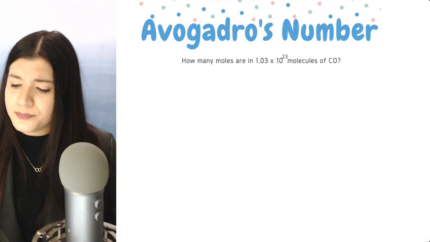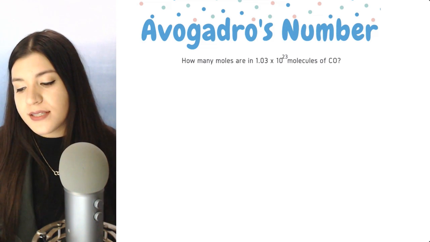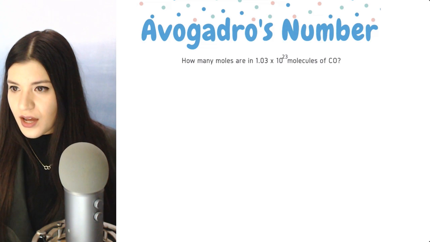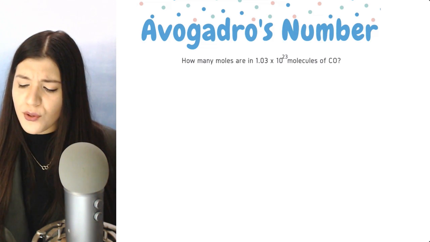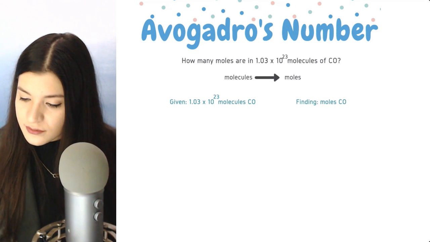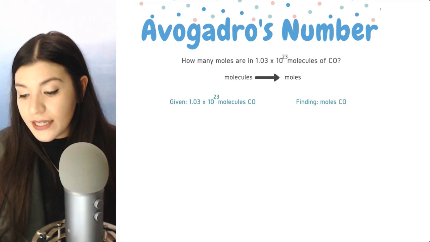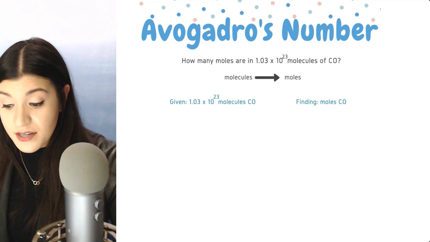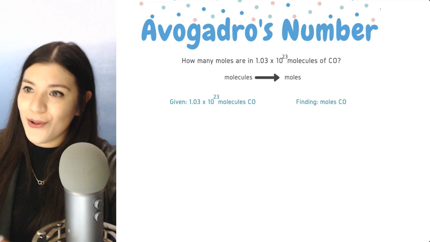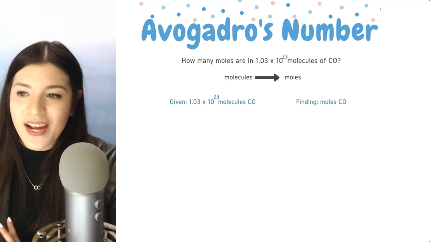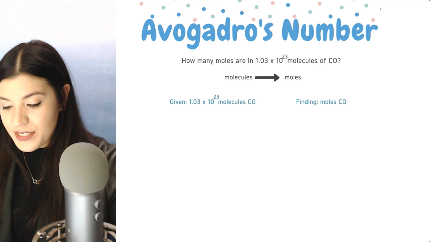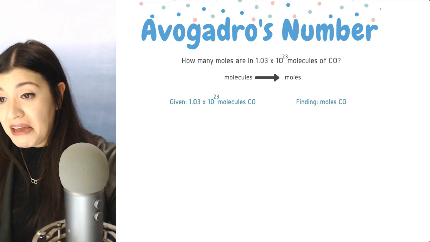So let's try one. If we were asked how many moles are in 1.03 times 10 to the 23rd molecules of carbon monoxide. Now, whenever we're asked to go from molecules to moles, we use Avogadro's number. That's going to be the main thing here, okay?